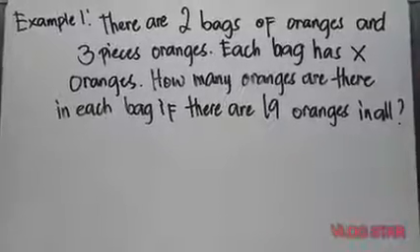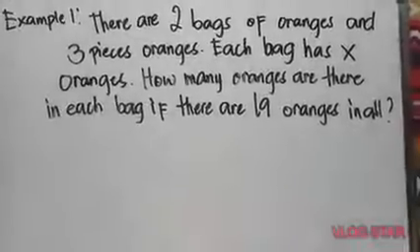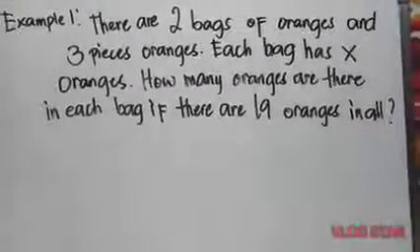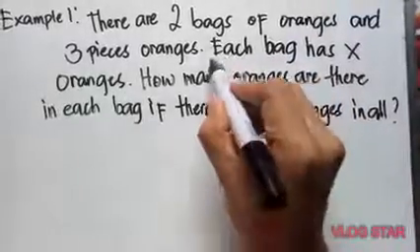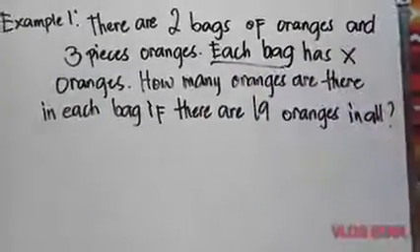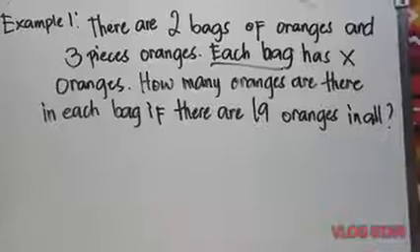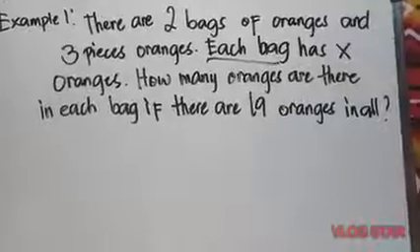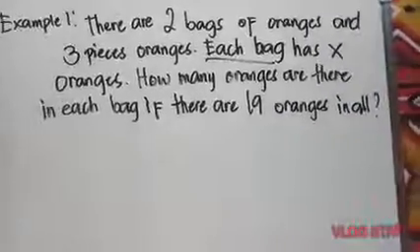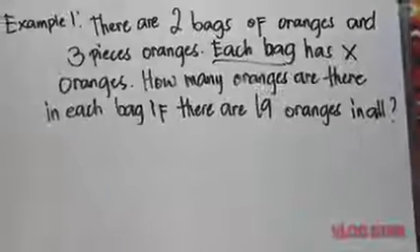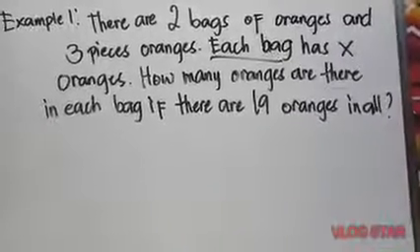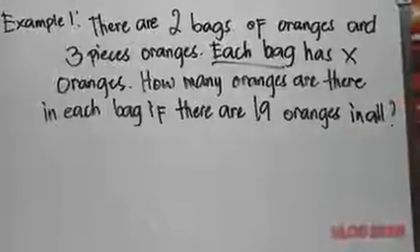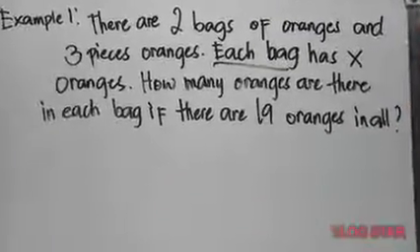Our first example is there are 2 bags of oranges and 3 pieces of oranges. Each bag has x oranges. How many oranges are there in each bag if there are 19 oranges in all? So for us to get the number of oranges in each bag, we should write it first as an equation.